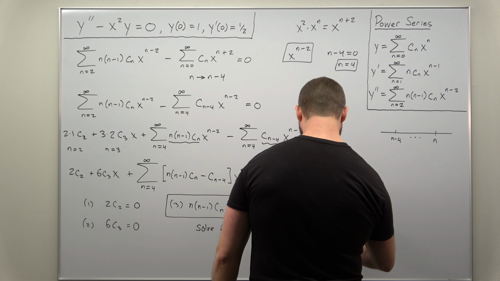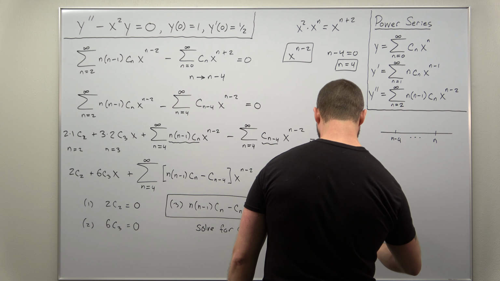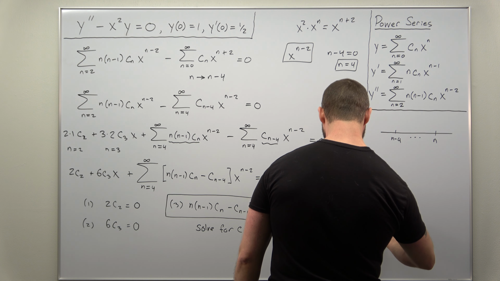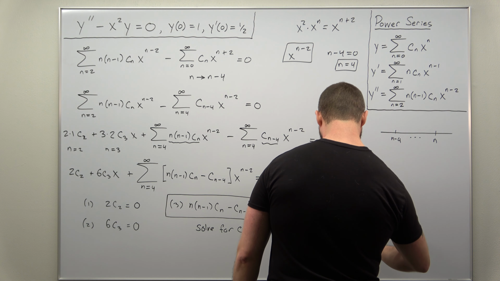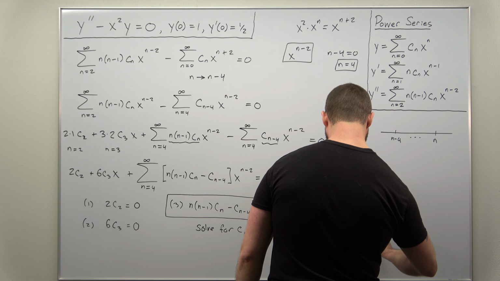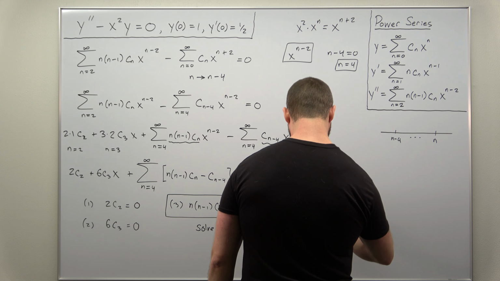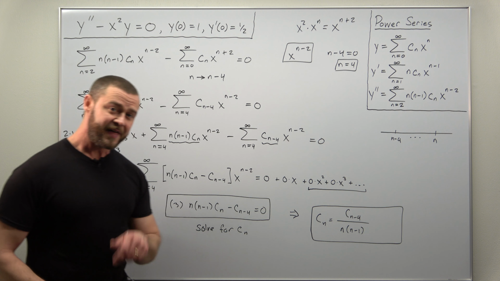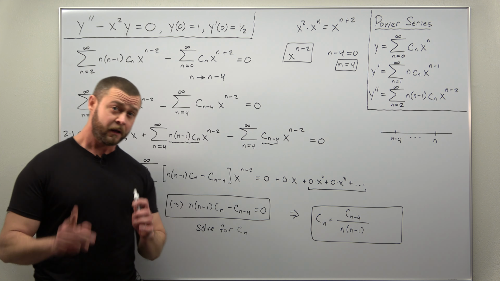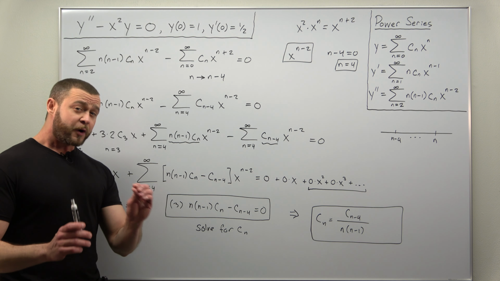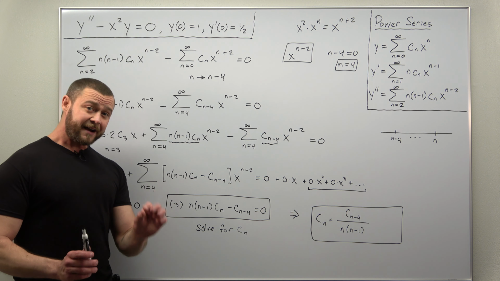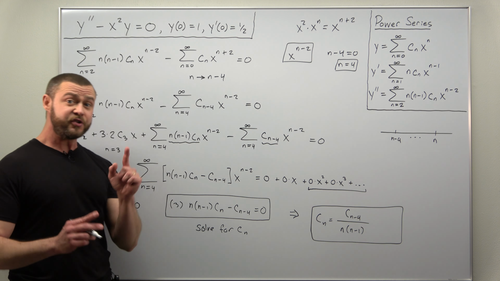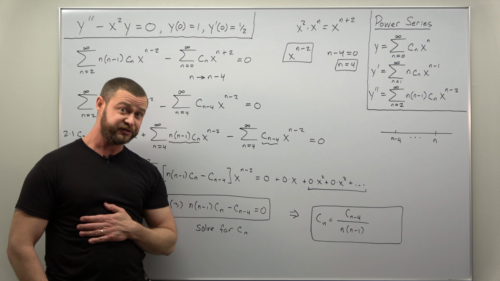So we get c sub n equals c sub n minus 4 divided by n times n minus 1. And that is your recurrence relation. That's what we try to work towards for almost every single differential equation that we solve with a power series solution approach.